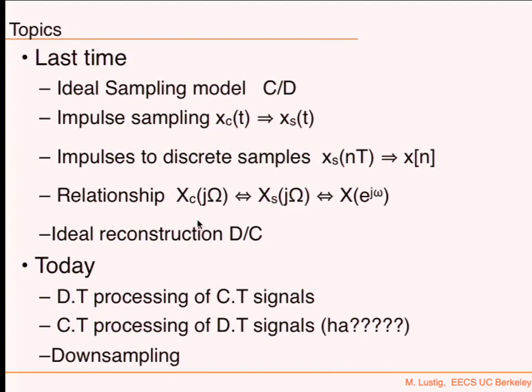I showed you what happens when it's non-ideal. So what happens if we don't have exactly band-limited signals? We do anti-aliasing, and if the anti-aliasing is not ideal, then we will get some sort of interference that comes into our signal, mostly at the edges.